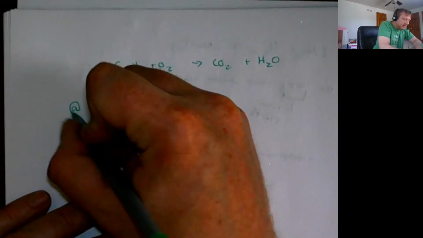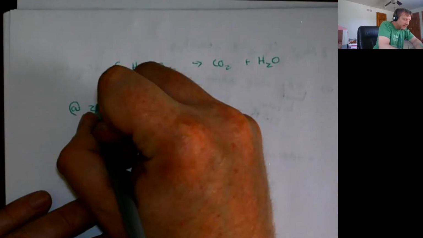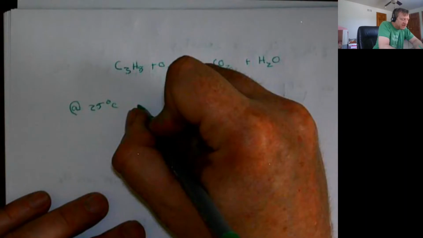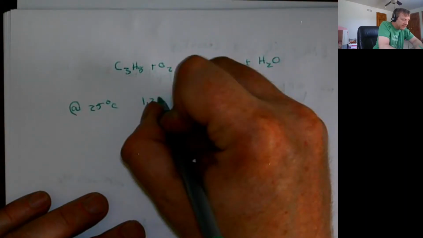Okay. So for the second one, we had some combustion of propane. And we want to do some gas law stoichiometry with that. And so we'll say our set of conditions are at 25 degrees Celsius and let's say 1.25 atmospheres.